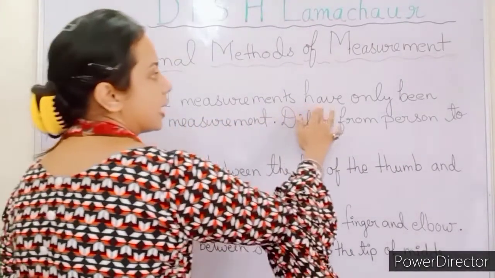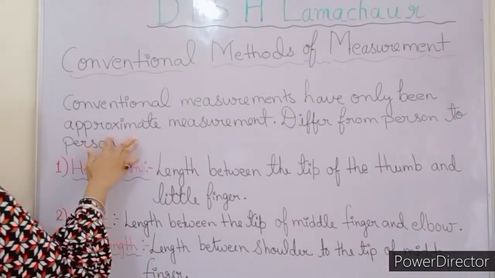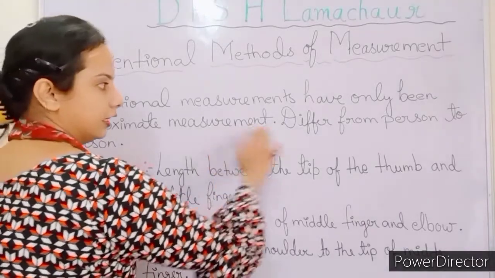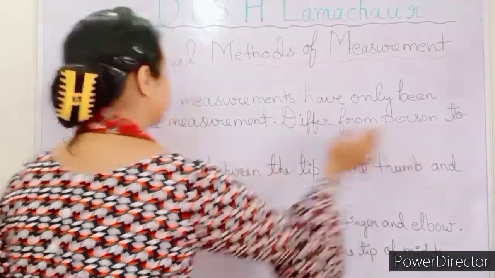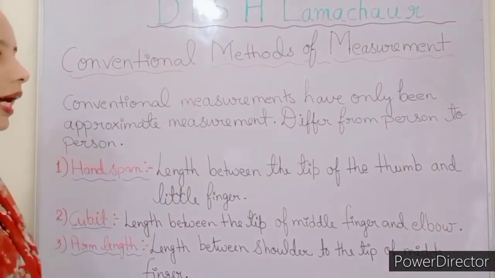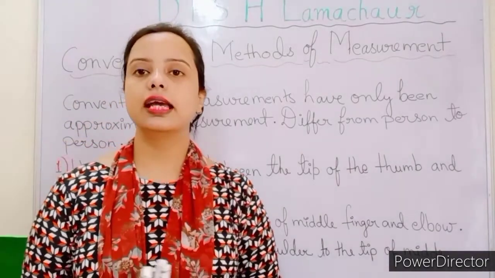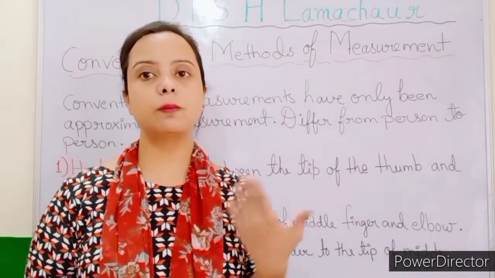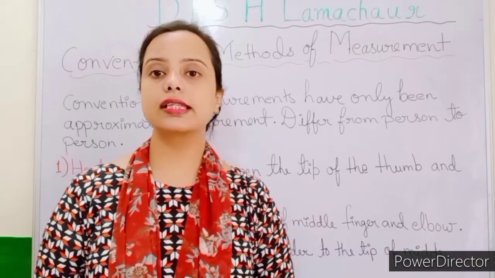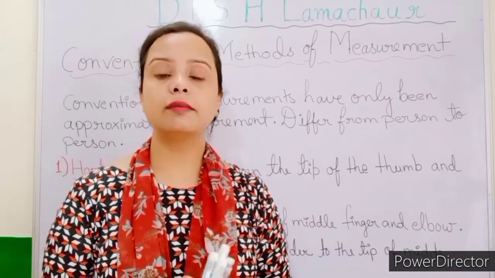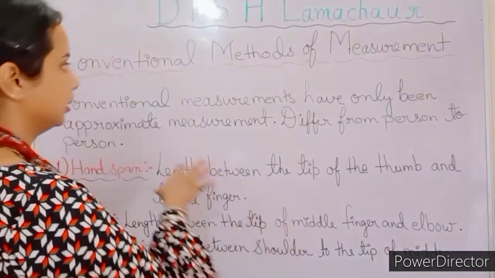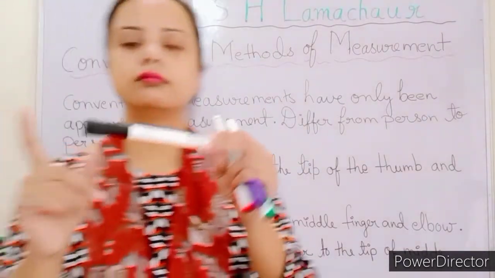Conventional measurements have only been approximate measurements, and this conventional method differs from person to person. How? For example, I am measuring this pen.